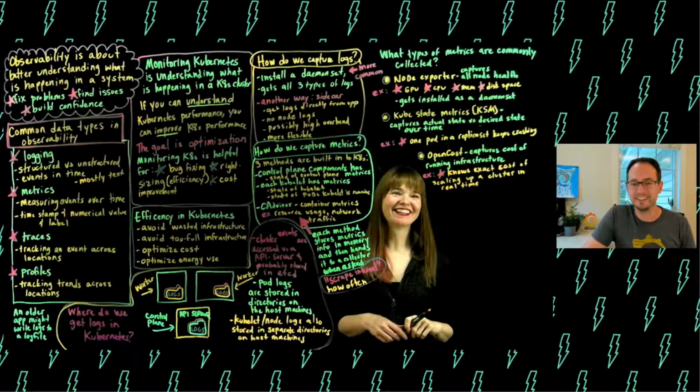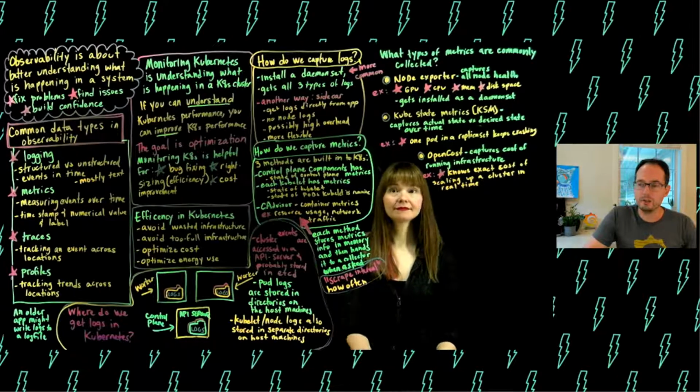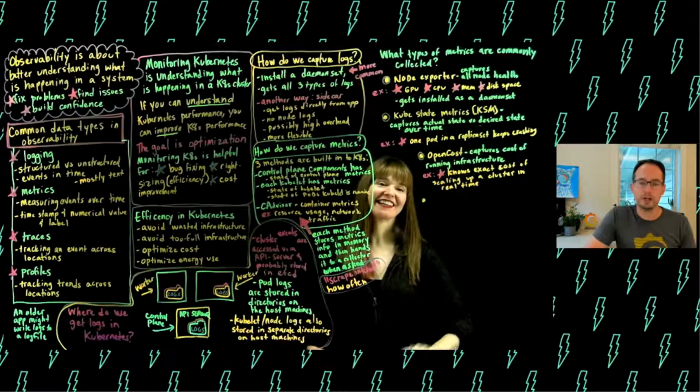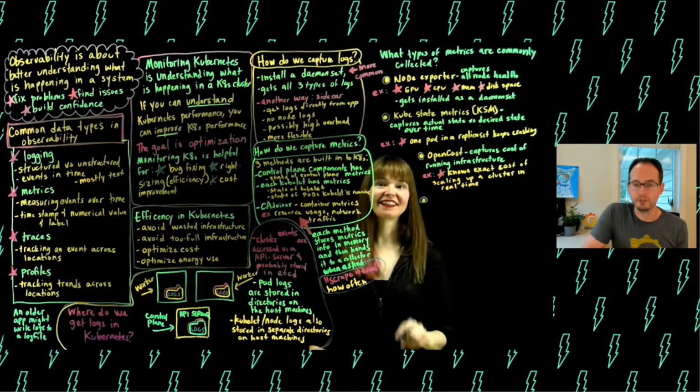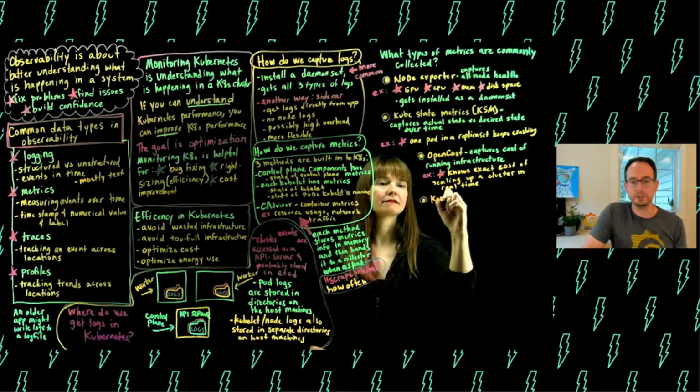Yeah, that's right. Another CNCF project that I'm really excited about is called Kepler. Kepler does something similar to OpenCost, where OpenCost measures the dollars and cents of your workloads, Kepler measures the energy usage of your workloads.